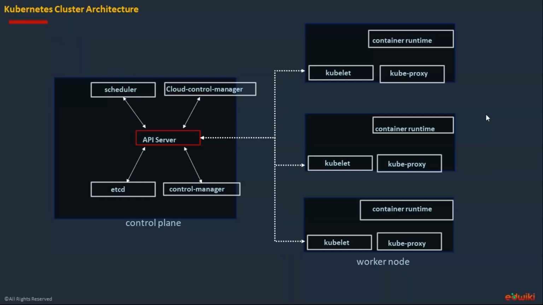The API server is now deciding, let's say you want to run your application as a container. Whether the container is to be created in worker node 1, worker node 2 or worker node 3, where exactly the container has to be created, that is something that will be decided by your Kubernetes control plane. Getting me?